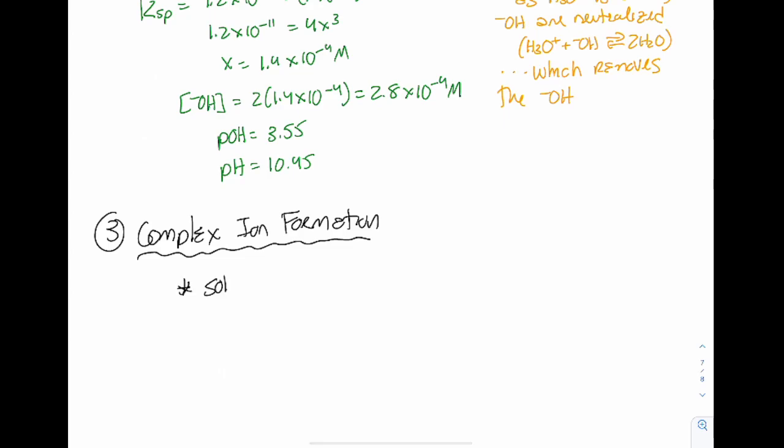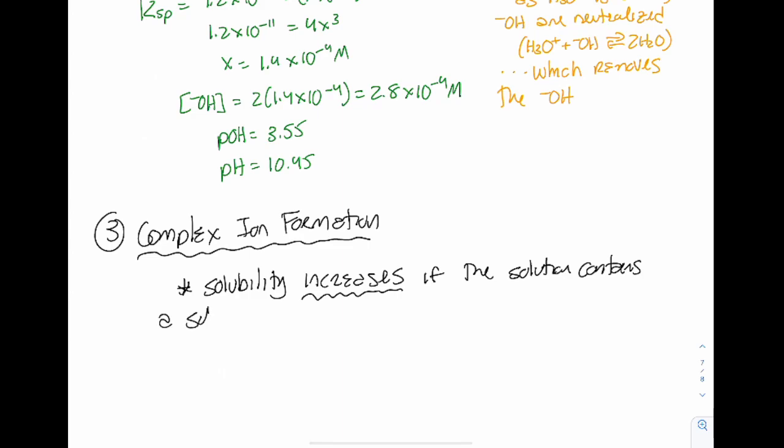So solubility increases, and this is of course the solubility of our slightly soluble ionic compound, if the solution contains a substance that can form a complex ion.